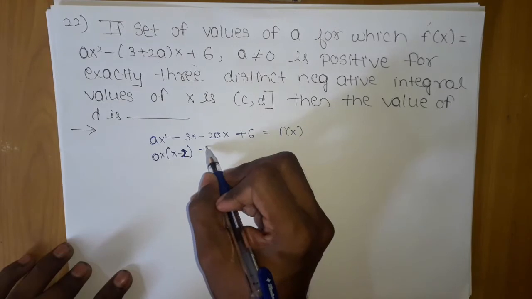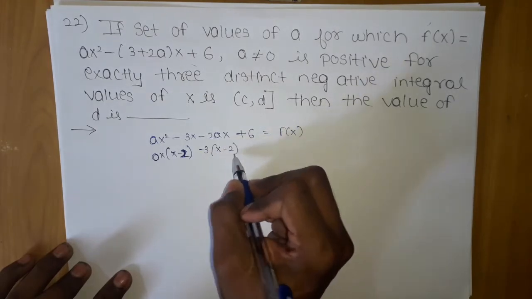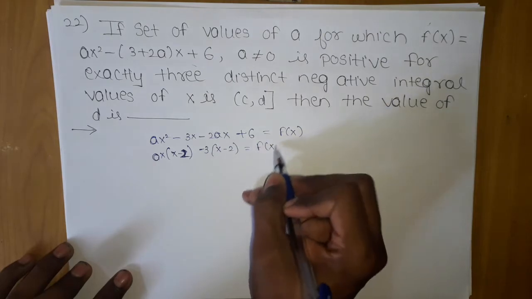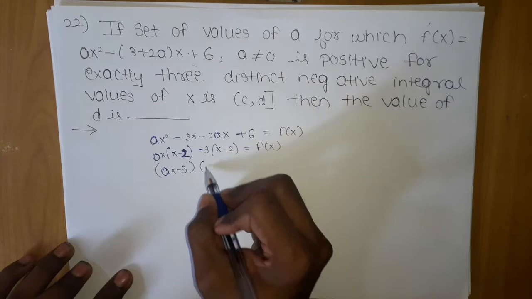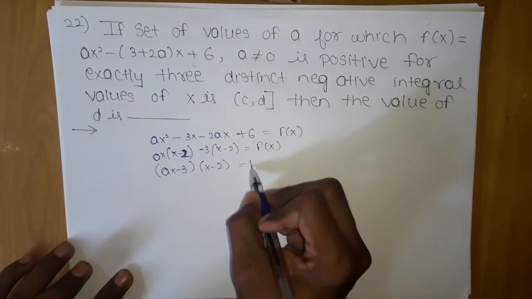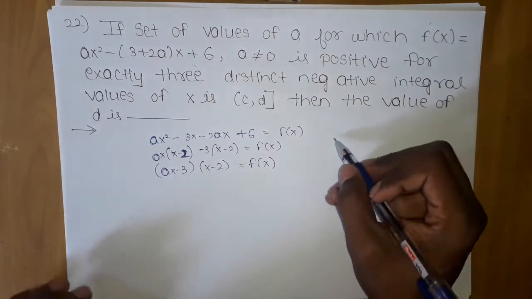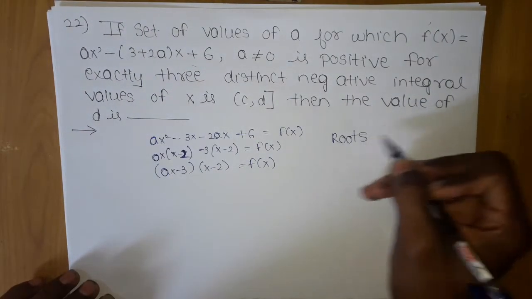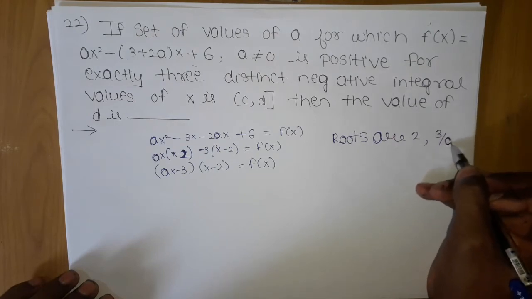Further, if I take minus 3 common, what I get is x minus 2, equal to f of x. So (ax minus 3) and (x minus 2) equal to f of x. These are the roots. So what are the roots? Roots are 2 comma 3 by a.